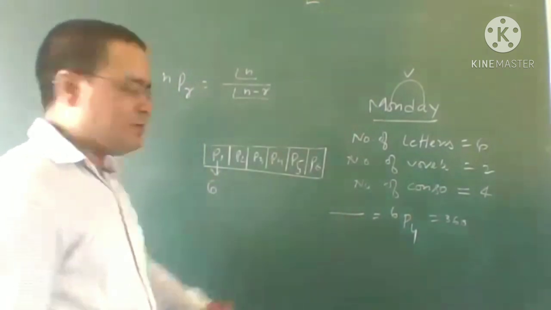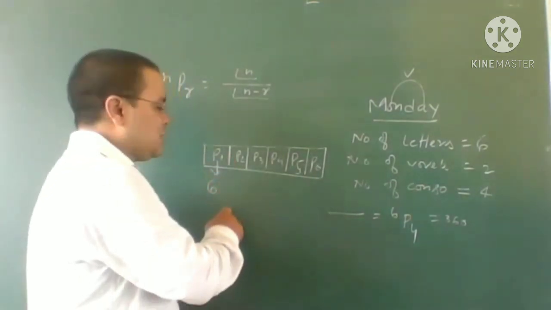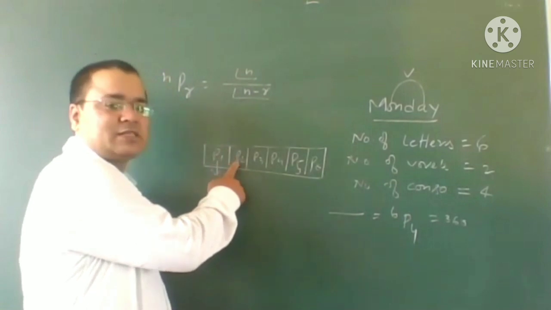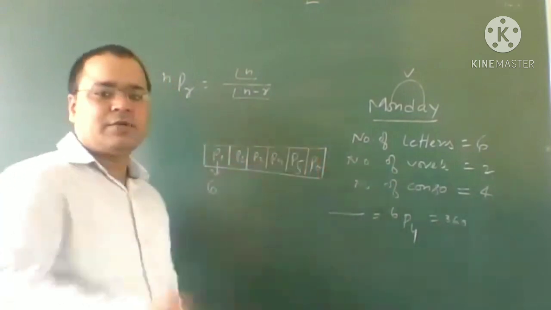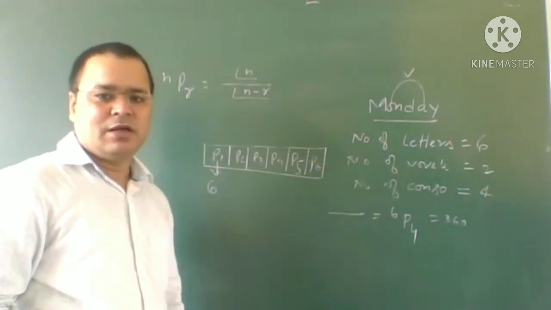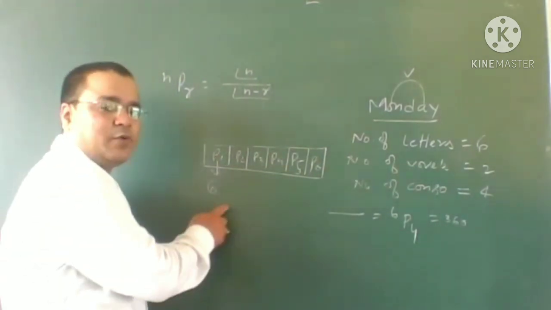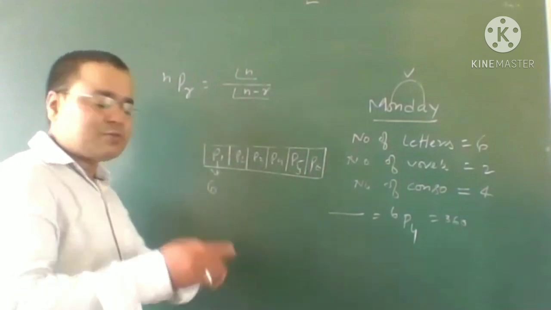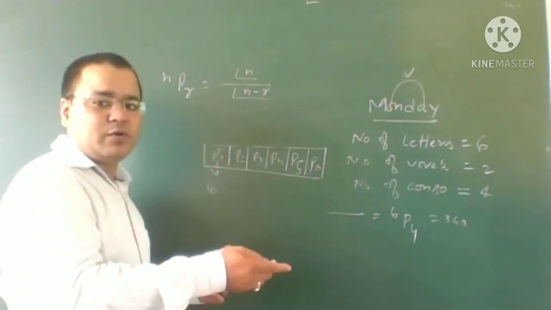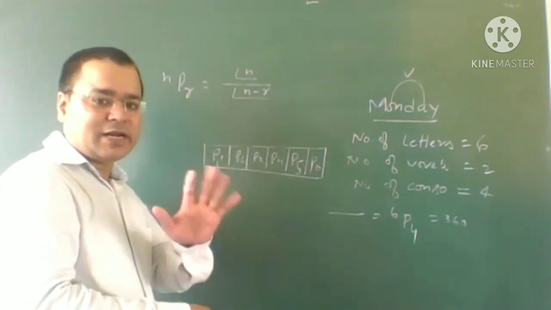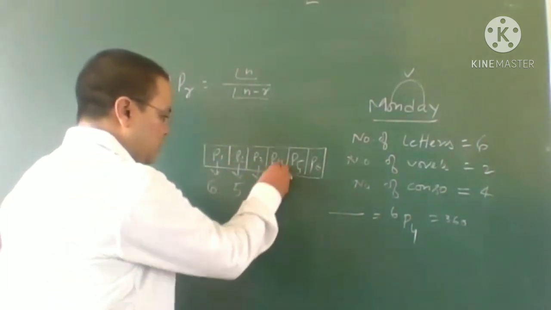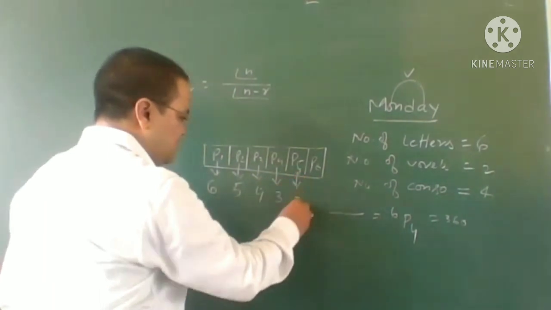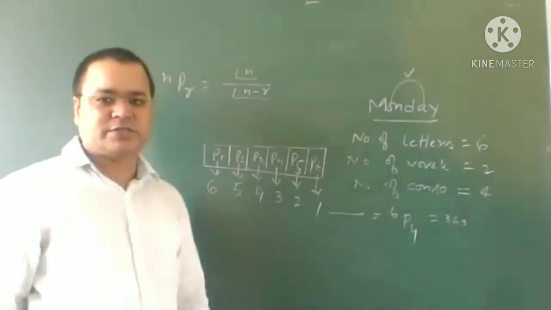In the last example I gave, every place had 6 options, but that is not correct. What is correct? We have 6 options for the first place, and once one is filled, how many are left now? 5 letters are left, so the next place has 5, then 4, then 3, then 2, and the last has 1 choice.